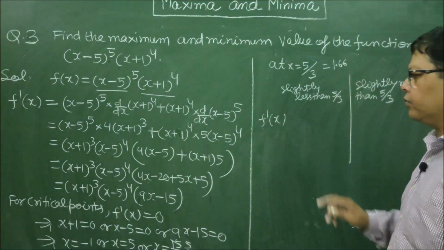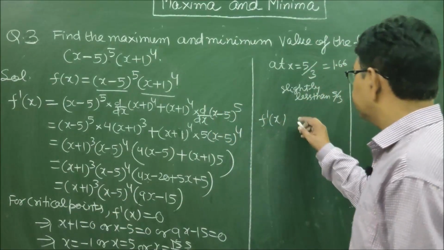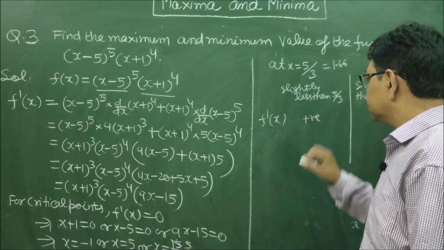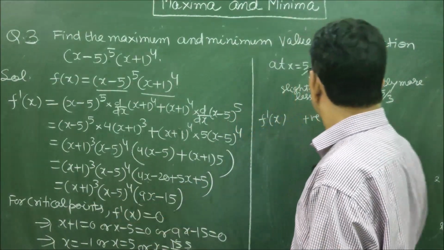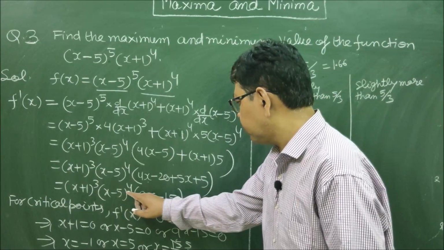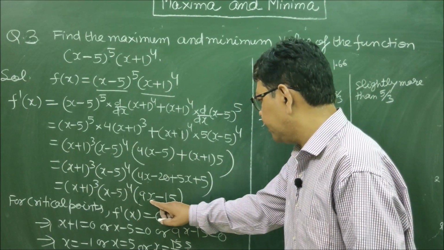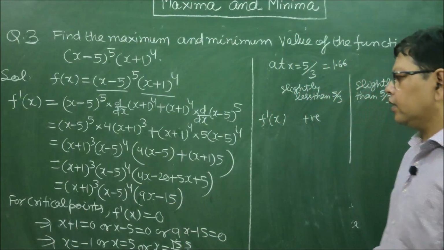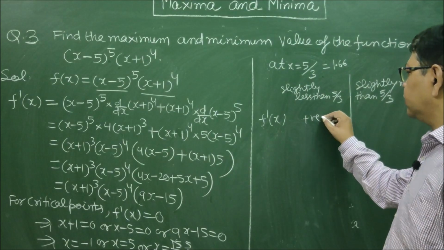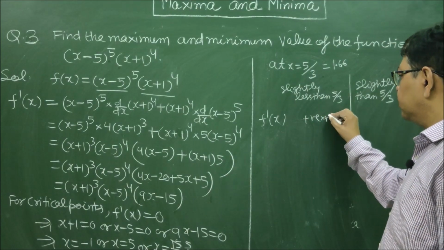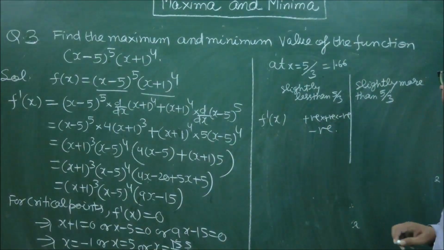At 1.5, if we check the sign, it is positive, positive again, and the last factor, 9 into 1.5, minus 13.5 plus 4.5, is negative. So positive into negative means the sign of f dash x is negative.